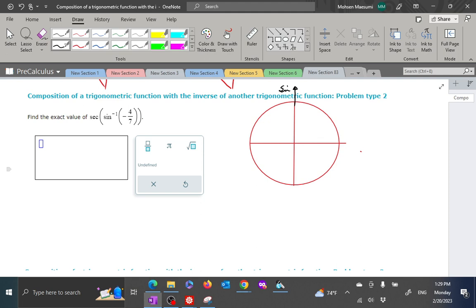Minus 4/7 is somewhere here, minus 4/7 on the vertical. Then we go horizontally just to the right and connect to the origin. That's the angle we are talking about.